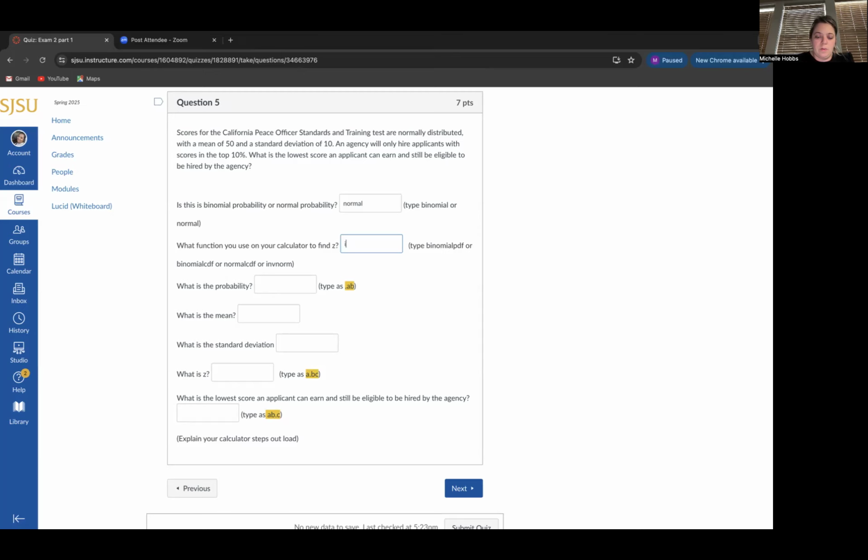That's what I wrote down from my notes. Inverse norm, because it's used to find the value corresponding to a given probability in a normal distribution. And then inverse norm. What is the mean? What is the standard deviation?